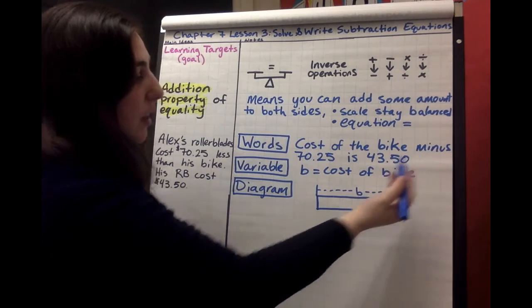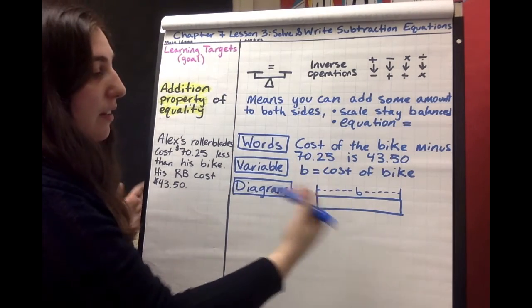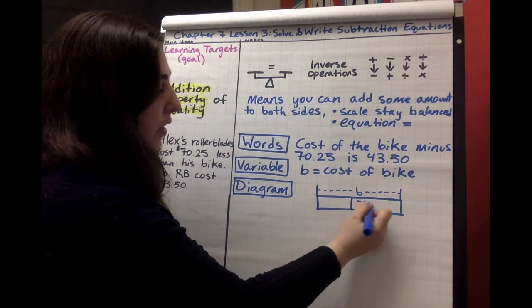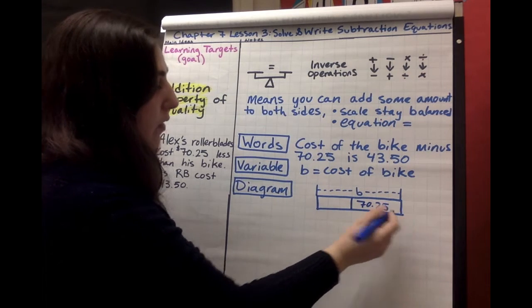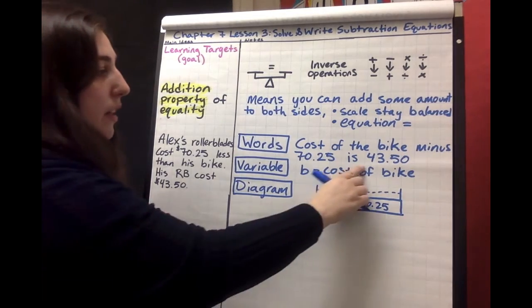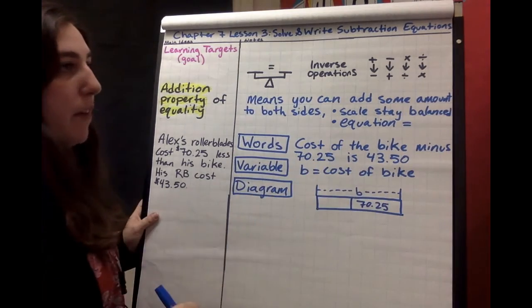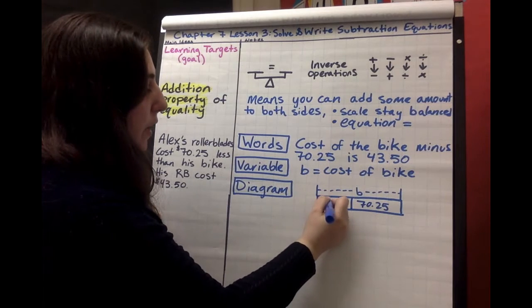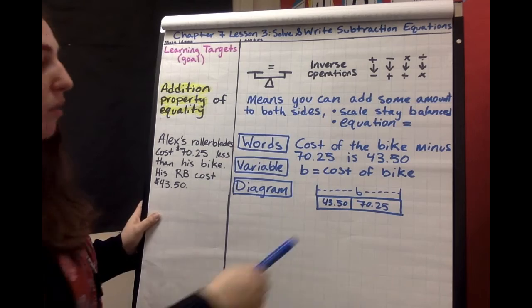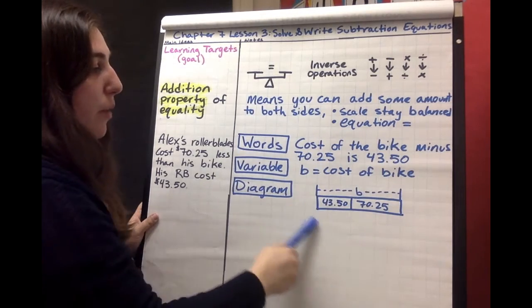So this tells me that it's less than, it's taking away. So if this part is 70.25, this is being taken away. And then I have 43.5. So I'm going to put 43.5 here. So this whole thing is the cost of the bike.